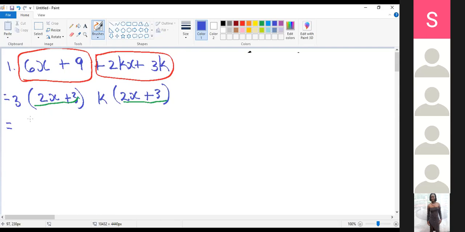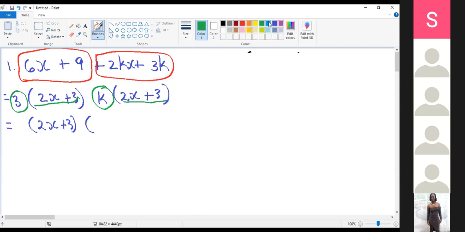So what we're going to do, we're going to put down what we have in our brackets. And then we're going to create a second bracket that will house the numbers outside the bracket, which is this 3 here and this k here. So this is positive 3 and positive k.